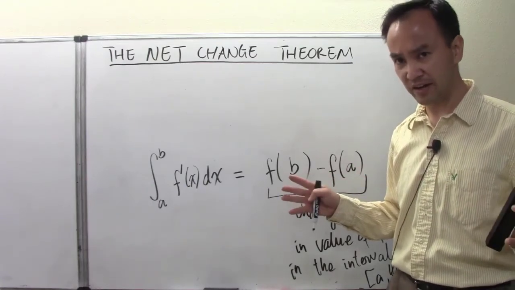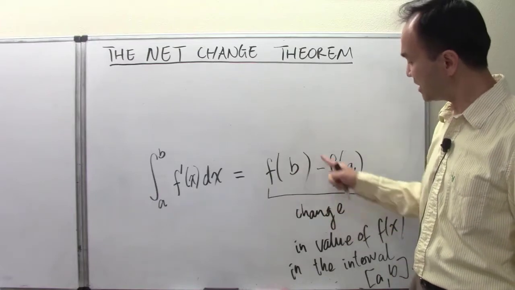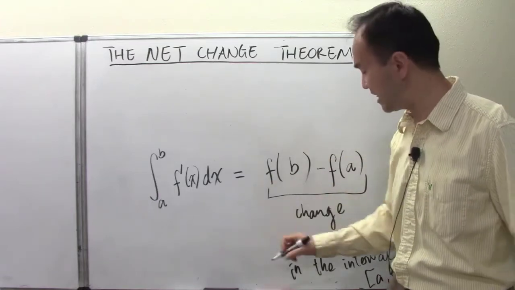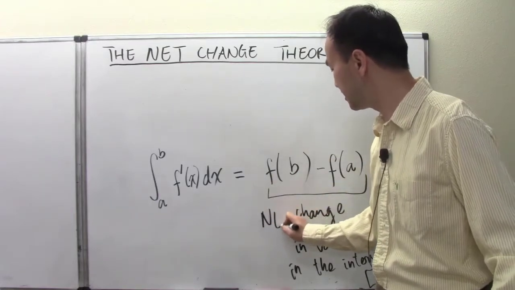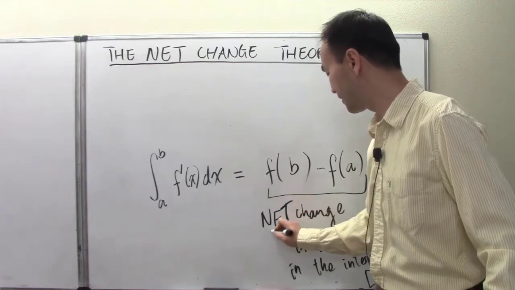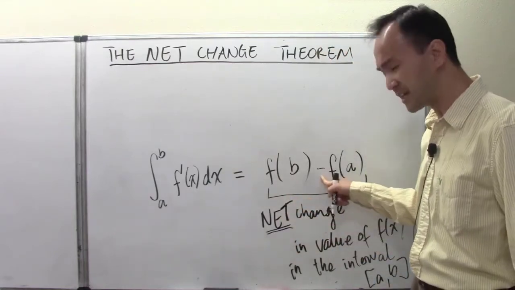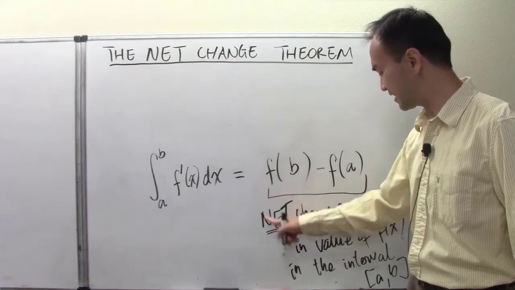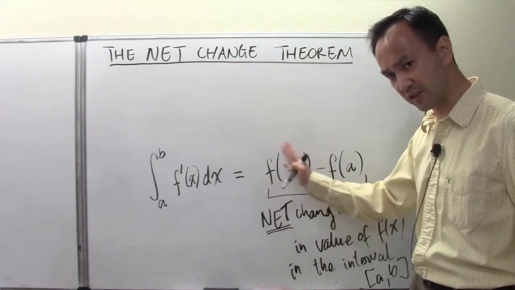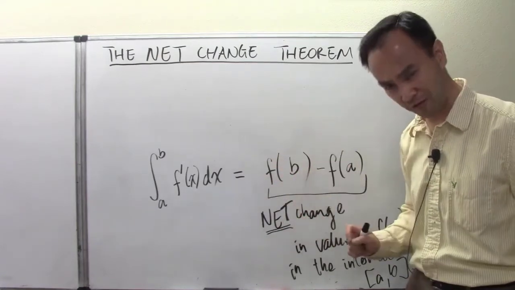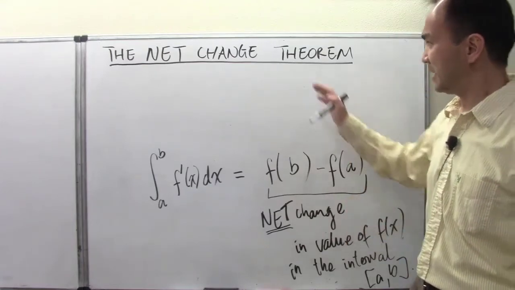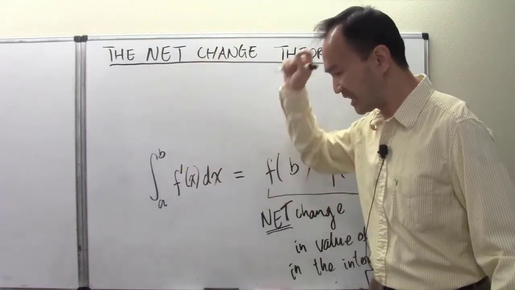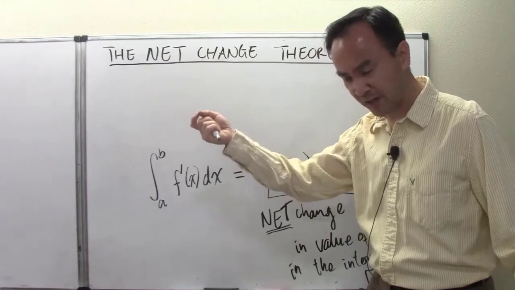Okay, a net area. So now in this case, we've extended that idea and we call it a net change. The difference here is a change, and it's a net change because sometimes the total, overall net change could be a zero.